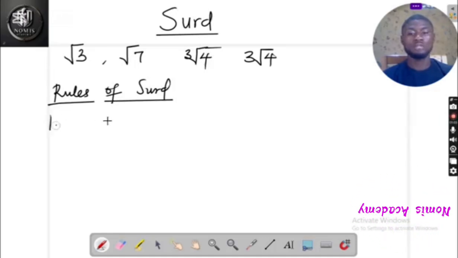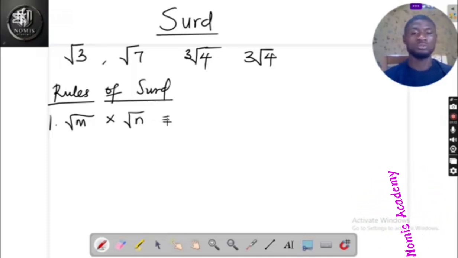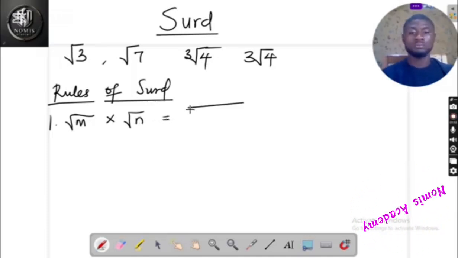Rule number one says root m multiplied by root n is equal to root m multiplied by n.